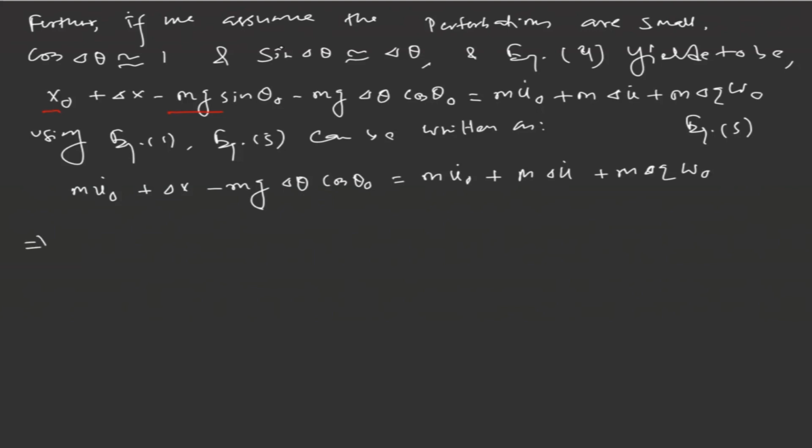And these two terms on both sides can be neglected. So we can write del x minus mg del theta cos theta naught equal to m del u dot plus m del q double dot.